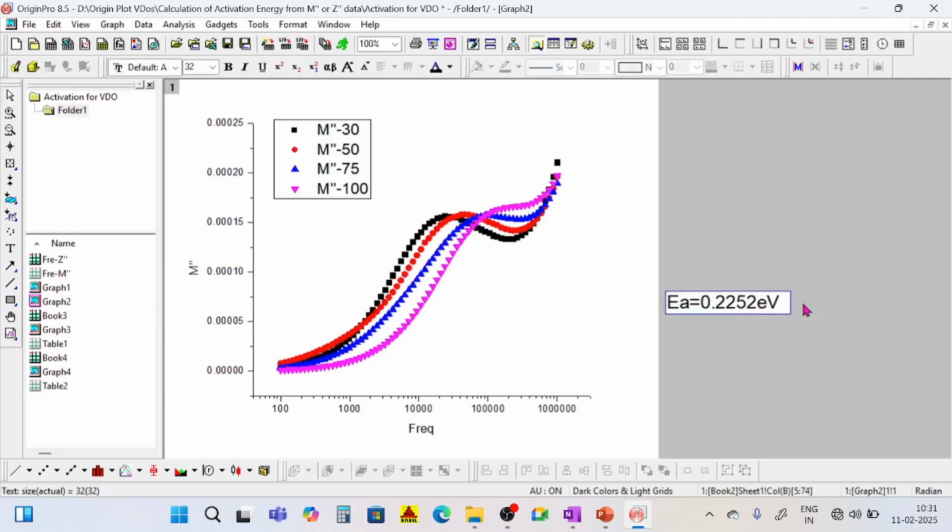Approximately the same. Okay, both the data belong to the same sample, so in the same temperature range the activation energy will be the same.